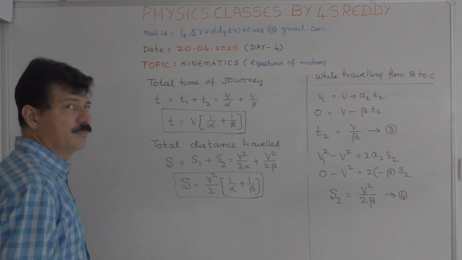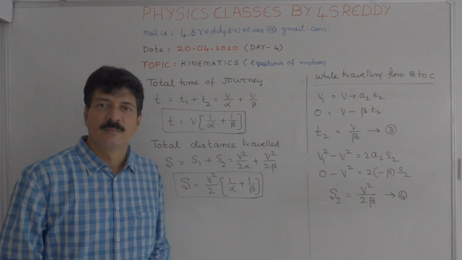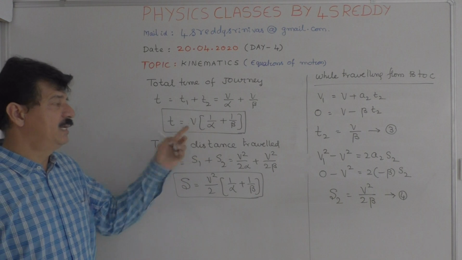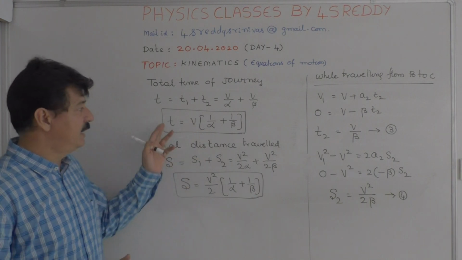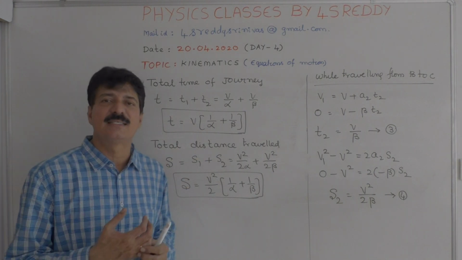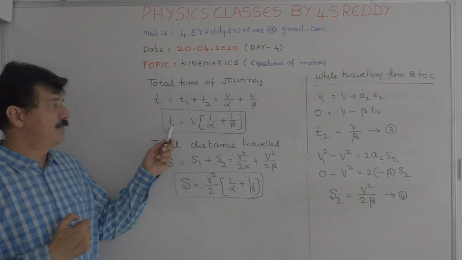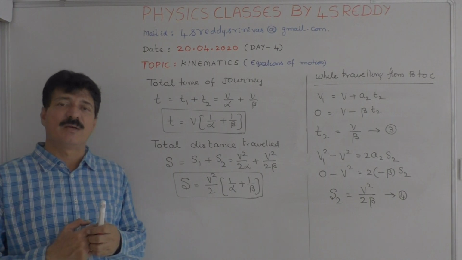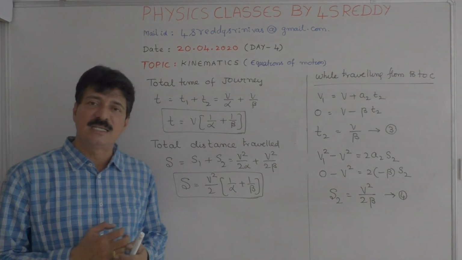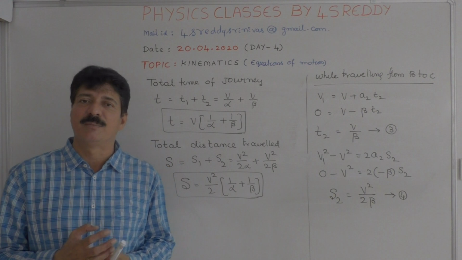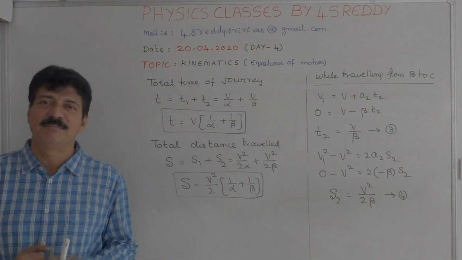This is the point we have. So, if you know alpha, beta and the maximum velocity, we can easily calculate the time as well as the total distance traveled. Total time of journey: V into (1 by alpha + 1 by beta). Total distance traveled: V² by 2 into (1 by alpha + 1 by beta).